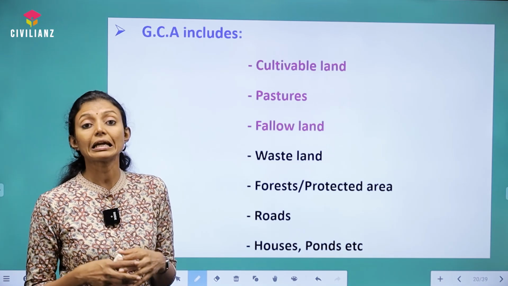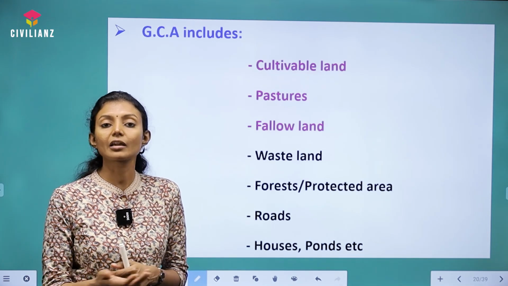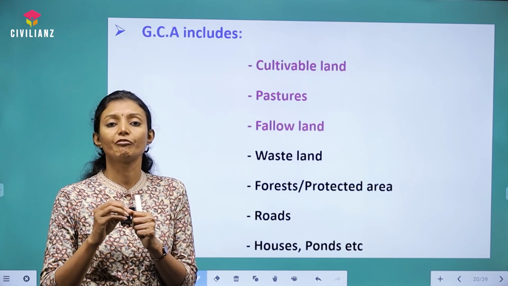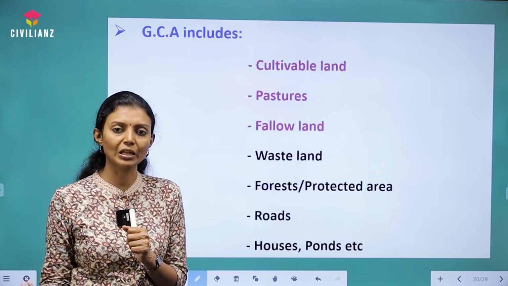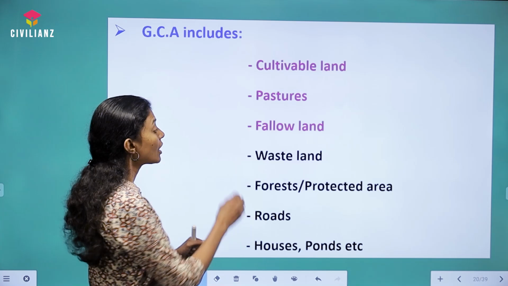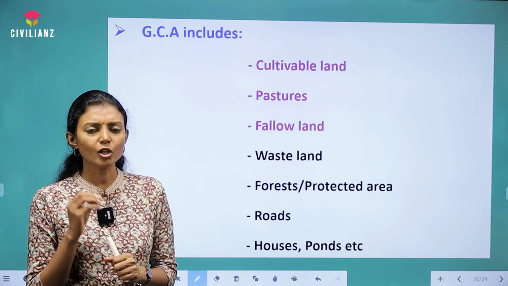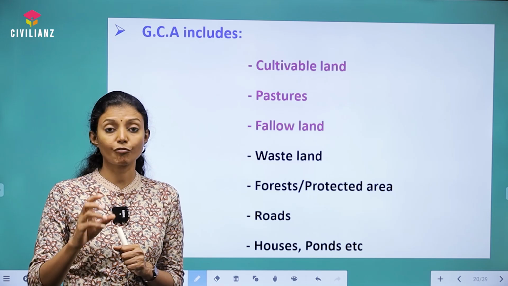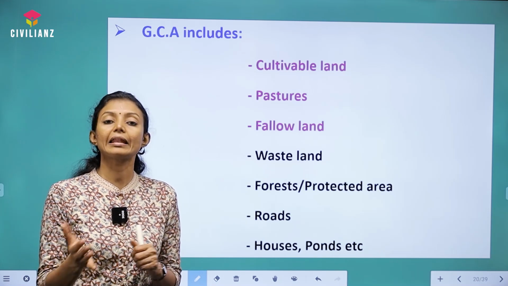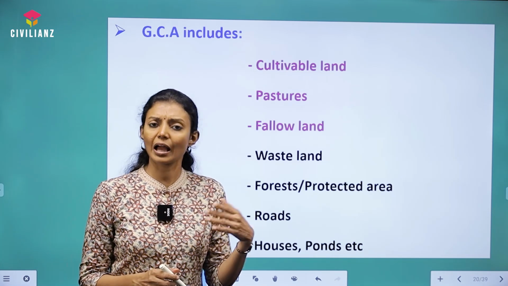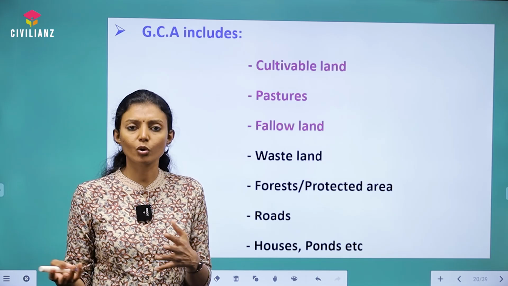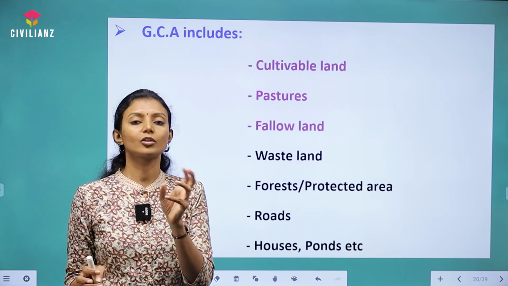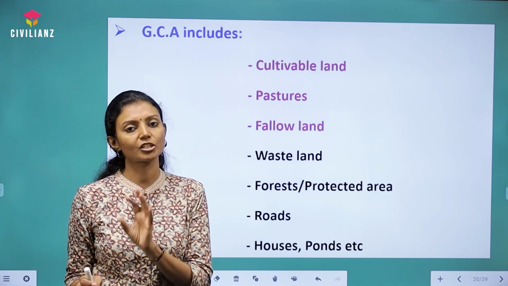Pastures, as we all know, are grazing fields where we take cattle for grazing. It also has very good soil and is ready for cultivation. Fallow land means land which is left uncultivated for more than 1 year and less than 5 years. There had been cultivation, but for more than 1 year it is left uncultivated, but the soil is still good and you can still start cultivation there.